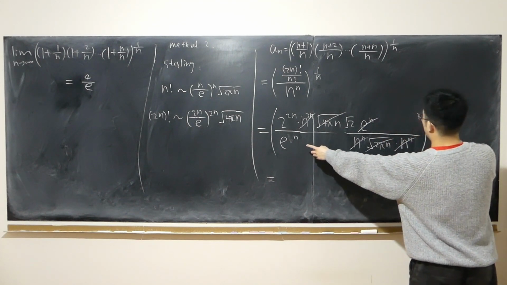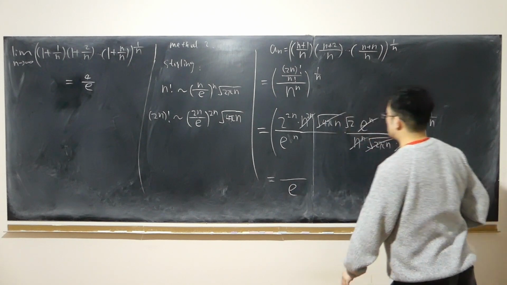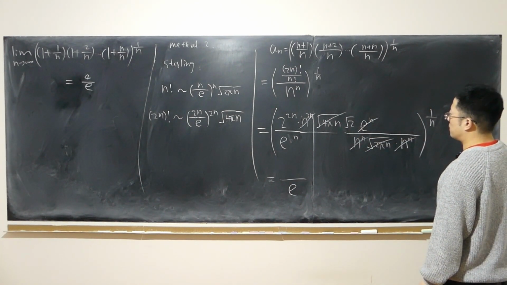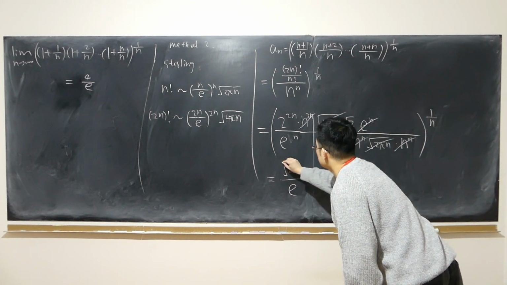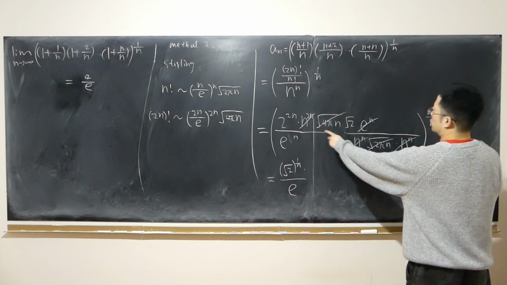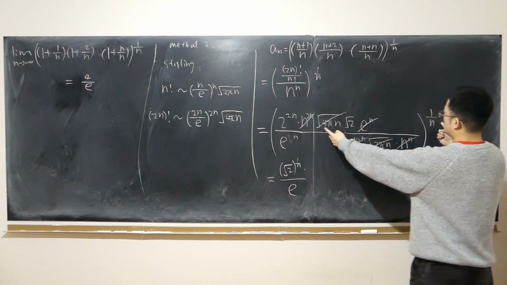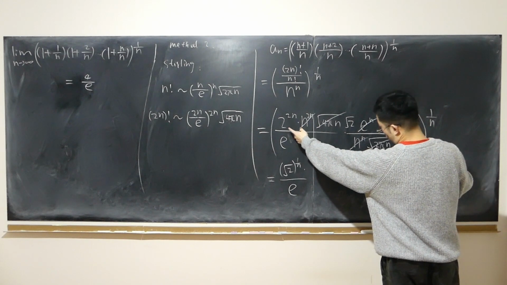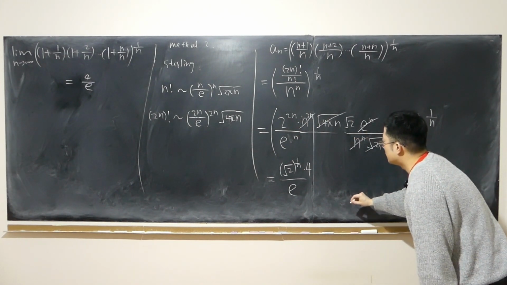So the n and the 1 over n, they just cancel out. I have e on the top. Distribute this power to the square root of 2. Then distribute the power to 2 to the power of 2n. I just multiply them together. So 1 over n times 2n gives me 2. 2 to the power of 2, that's 4. Then take the limit.